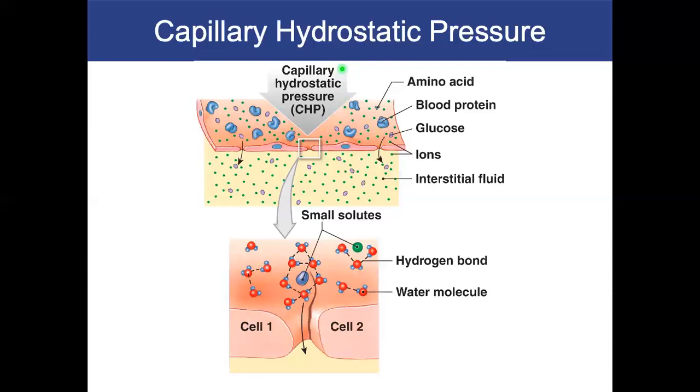Capillary hydrostatic pressure is the pressure generated by the left ventricle. It's also driven by MAP, and it's going to force fluid from the capillary into the interstitium. Why does that happen? Because the hydrostatic pressure in the capillary is greater than the hydrostatic pressure in the interstitium, so it forces fluid out.